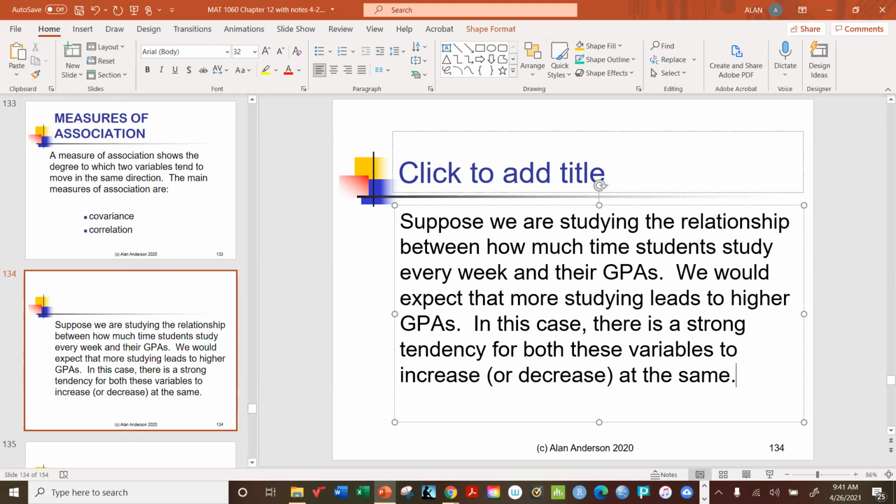So our measures of association can give us a number that essentially tells us how strong this connection is. It isn't necessarily the case that doubling your study will double your GPA, for example, but there's a tendency for more studying to contribute to higher GPAs. And so we'd like to know how strong that connection is. And that's what these measures will let us do.